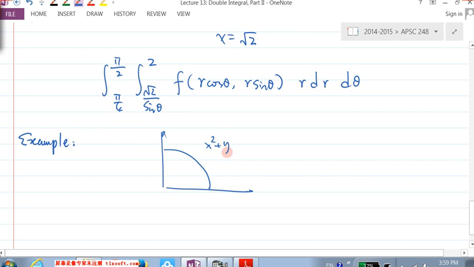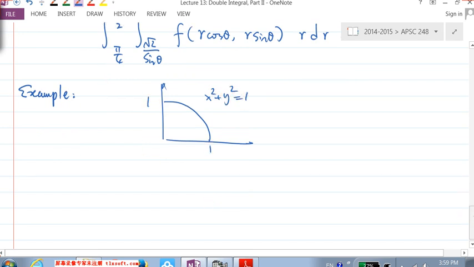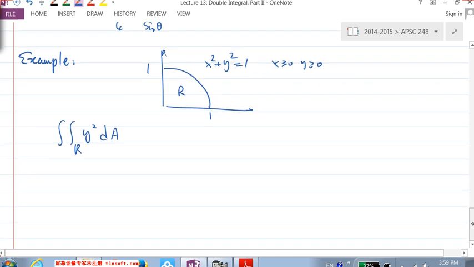X squared plus y squared equal to 1. That's a unit circle, only a quarter of that. What we want to integrate is y squared over this region R. It turned out to be a pretty complicated integral if we use Cartesian. But now let's try polar.